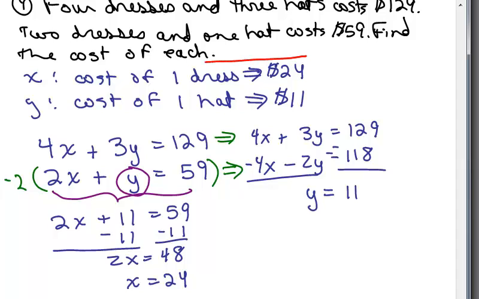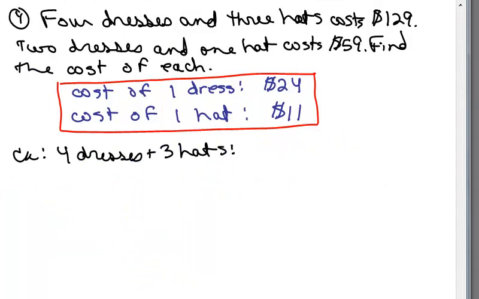So 1 dress, 1 hat, that's how much each costs. Let's see if it's true. So let's just do a quick check from the original problem. All right, so here's our problem. 4 dresses and 3 hats cost $129. And we've come up with that 1 dress is $24 and a hat is $11. So how much would 4 dresses and 3 hats cost?